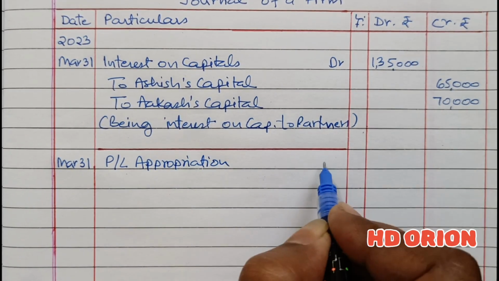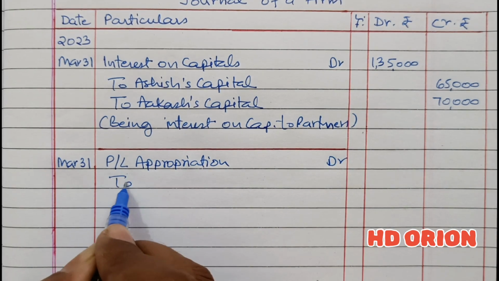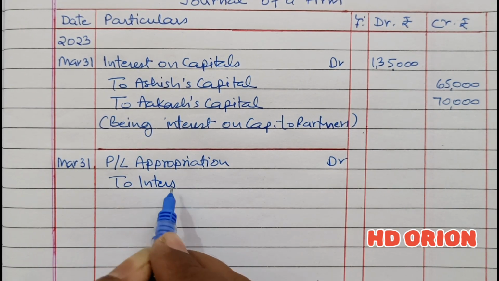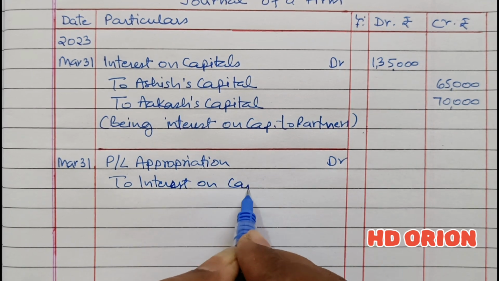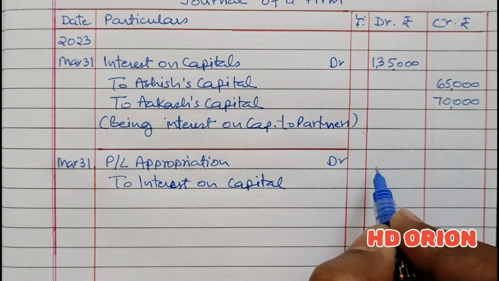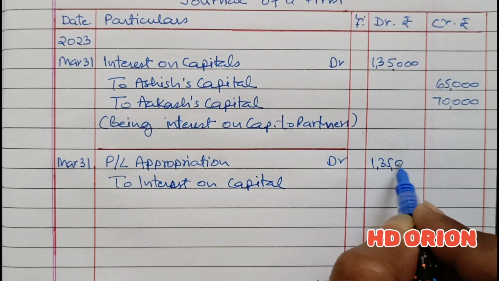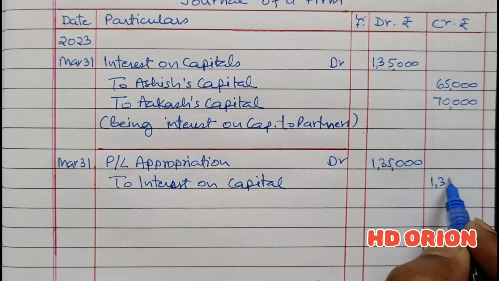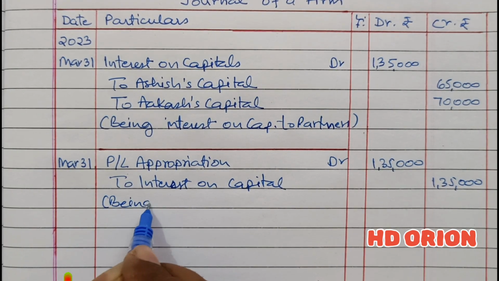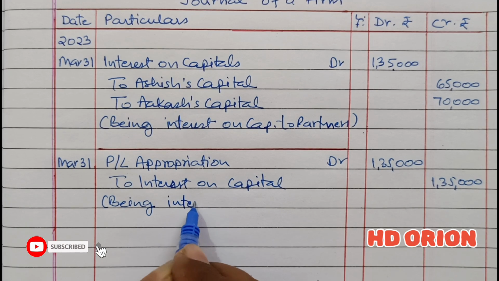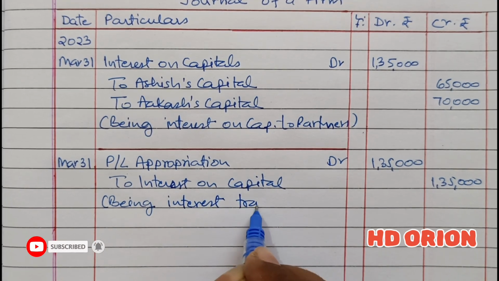So profit and loss appropriation account is debited and to interest on capital, rupees 1,35,000. Being interest transferred.